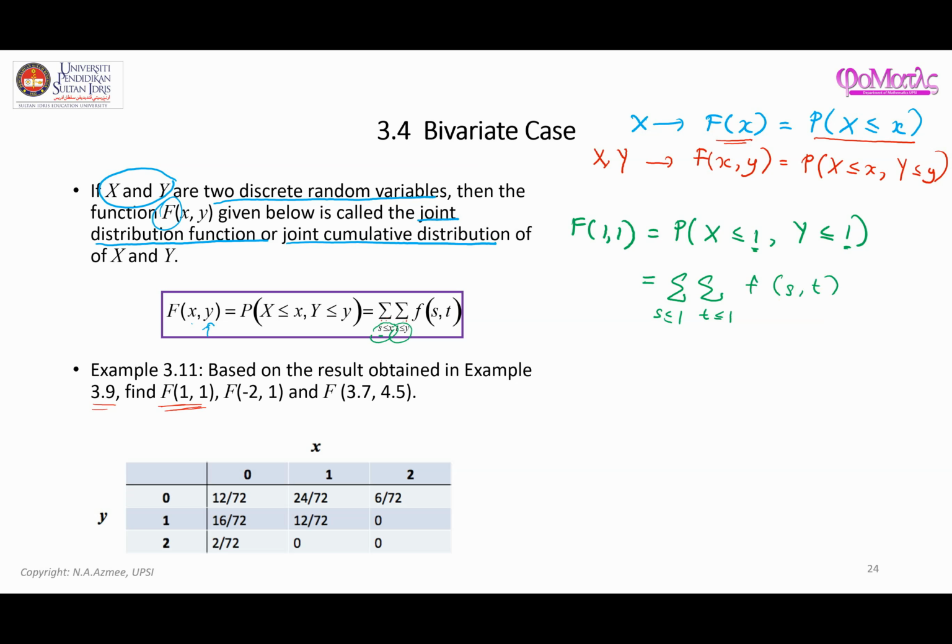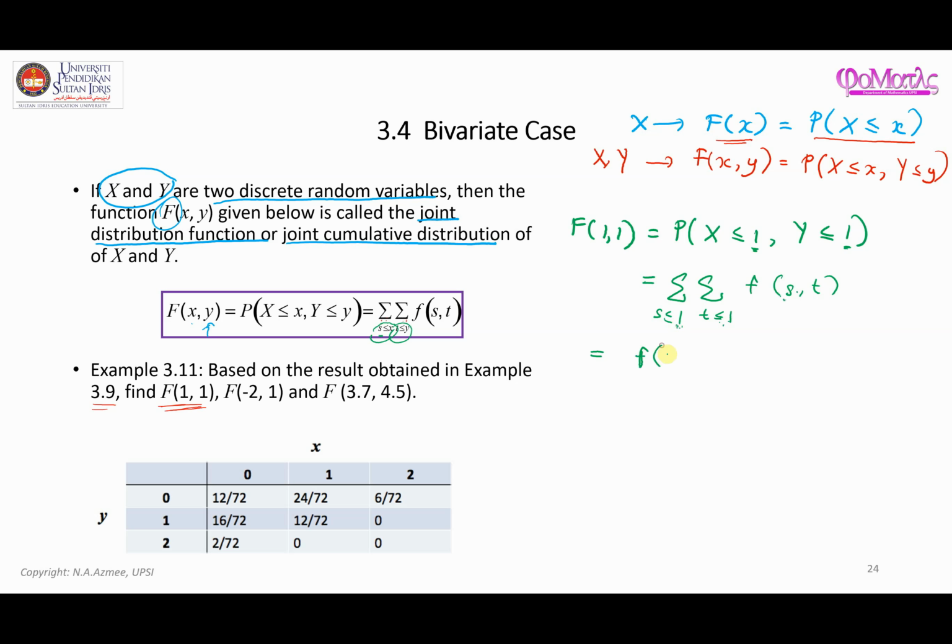Okay, so what it means really is that we're going to continue substituting these values into here. We're going to do it systematically, and we're going to consider all the values that are less than or equal to 1. So for example, we can start by substituting s equal to 1 inside here.